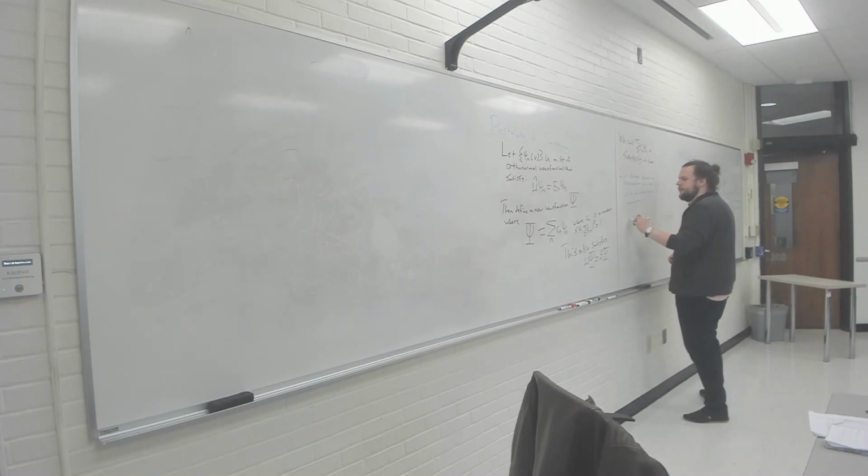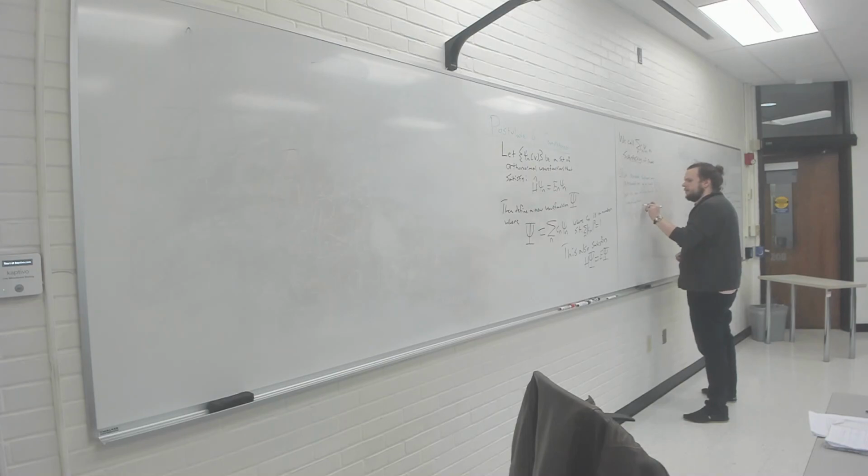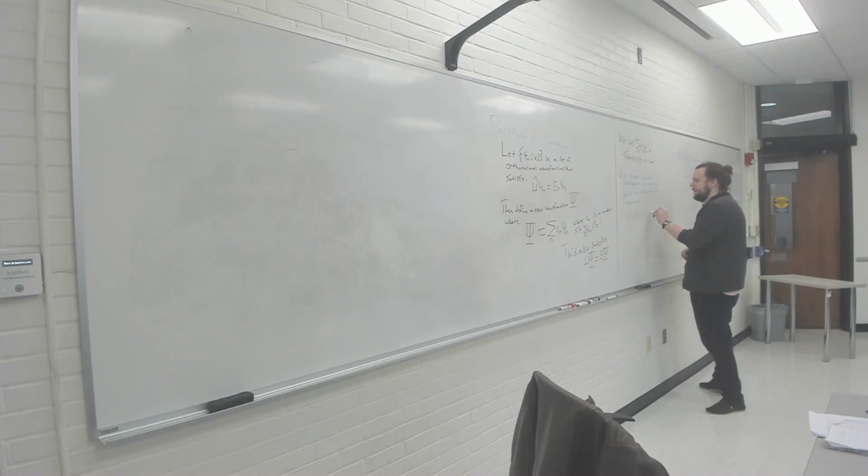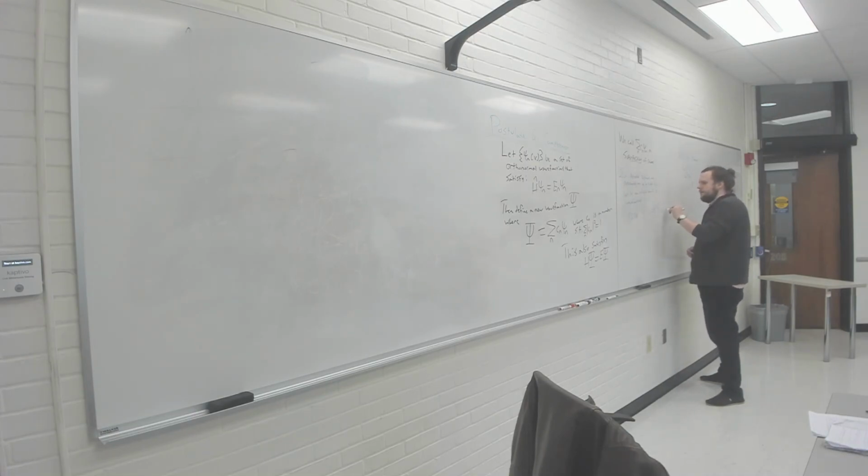Okay, so for a particle in a box, the wave function, the actual wave function that represents our system when we create the particle in the box, is an infinite sum from n equals 1 to infinity of some coefficient c sub n times that wave function, the particle in the box wave function.